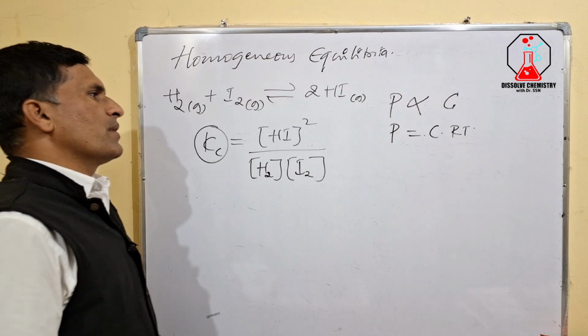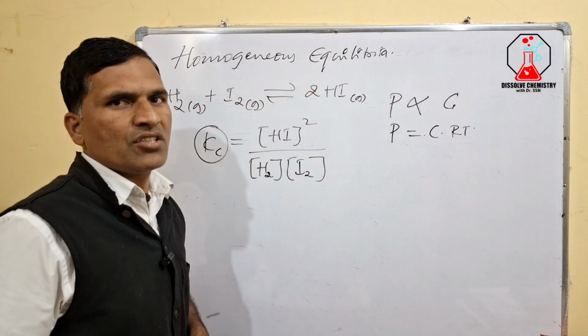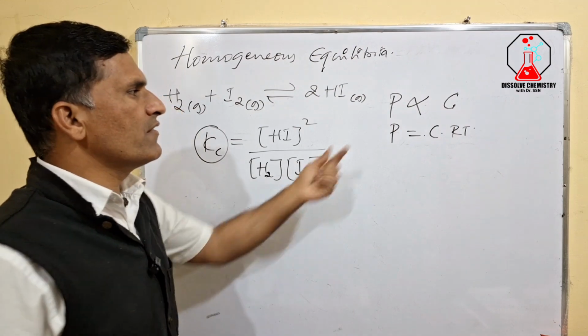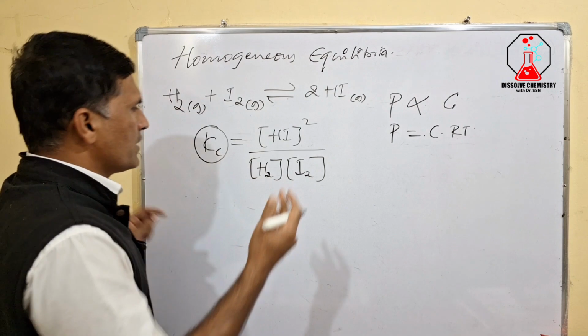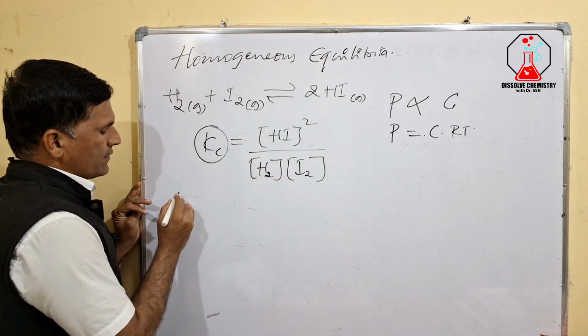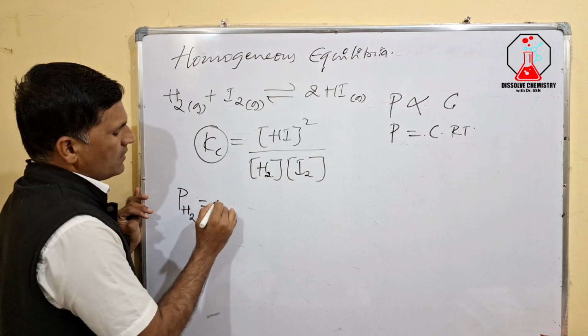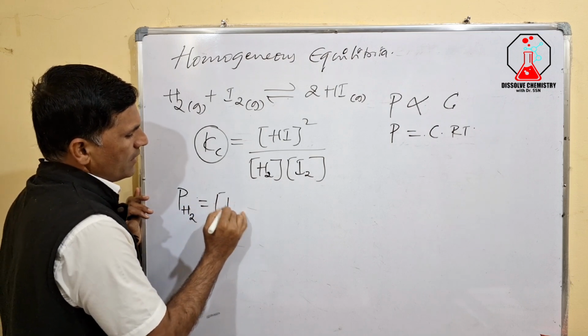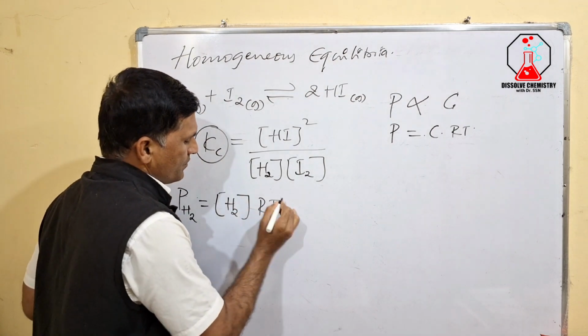So therefore, the pressure of all individual components in the given reaction, whether product or reactant, we will express as the partial pressure of that particular gas. The partial pressure of hydrogen we express as the concentration of H2 into RT.